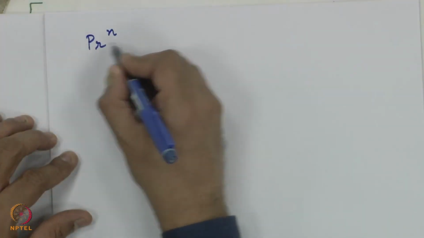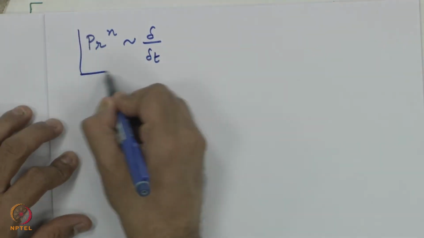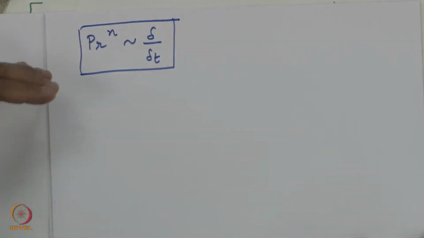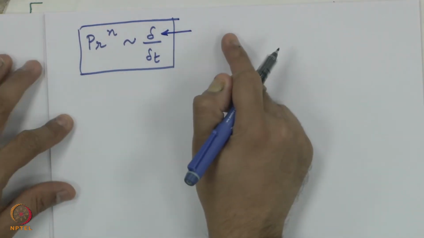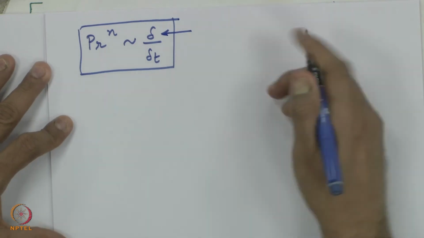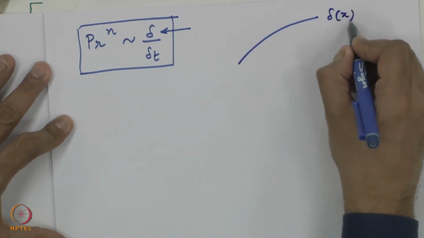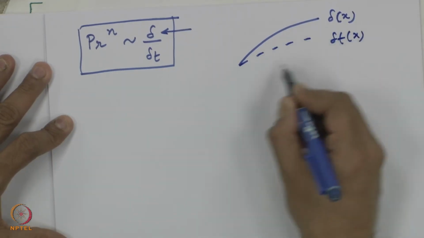So, Pr to the power n is this. This is what is typically given in textbooks. Momentum diffusivity manifests itself as hydrodynamic boundary layer thickness, how far the momentum has gone, delta of x. How far the heat has gone is delta T of x.